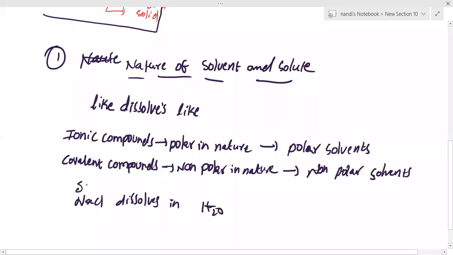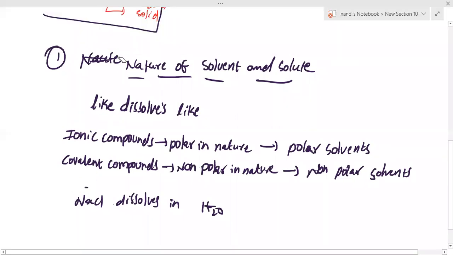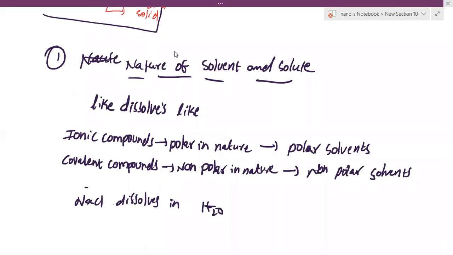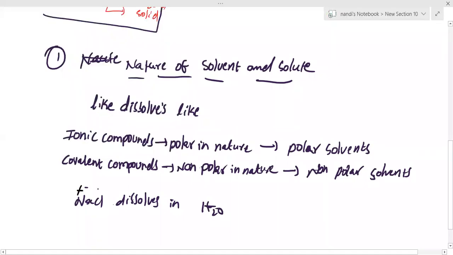You can write directly positive and negative because it is purely ionic, so we don't want to take delta positive here. Here those are delta positive, delta negative. So this is a polar solvent, that's why this is preferred.